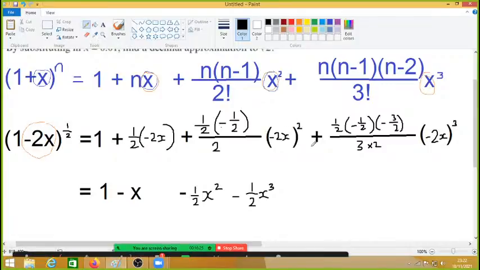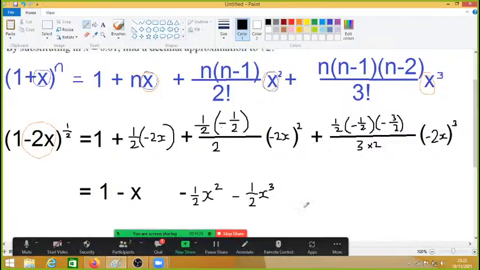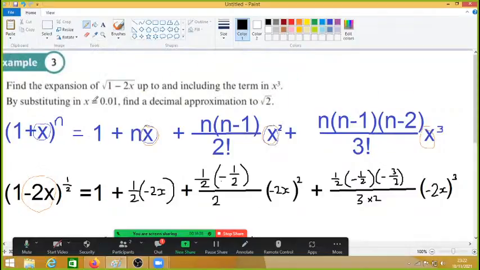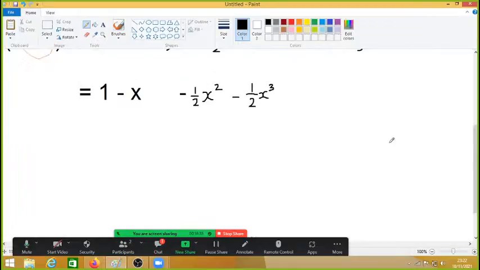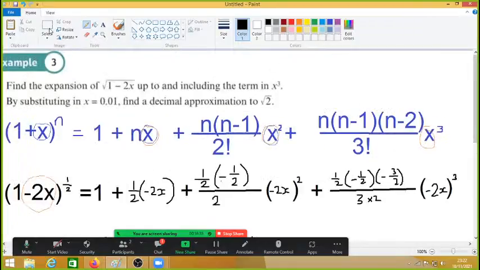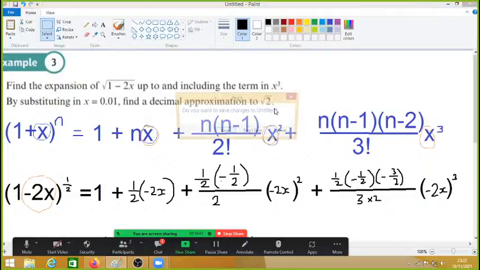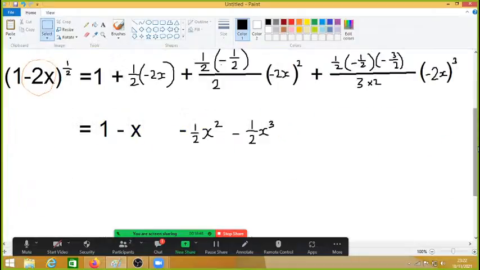So that's it for today, and tomorrow we'll carry on with the second part and just have a think in the meantime. Now we've got the answer, we've got the expansion, which is just down here. Well, how are we going to use it to find a decimal approximation, a decimal answer, roughly, for the square root of 2?